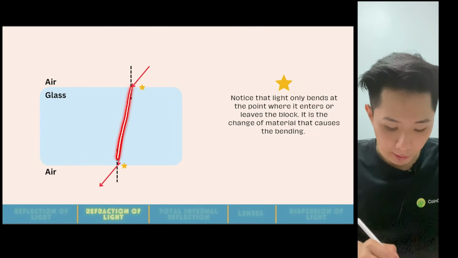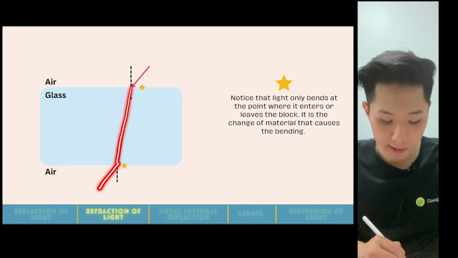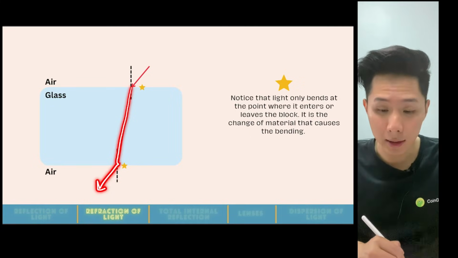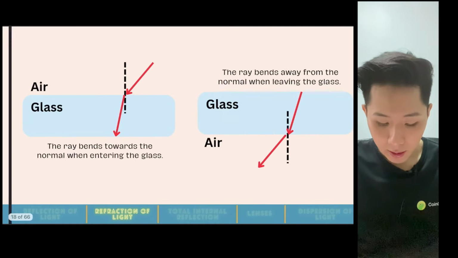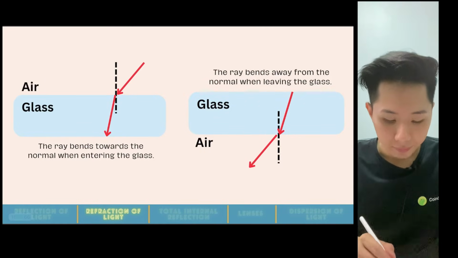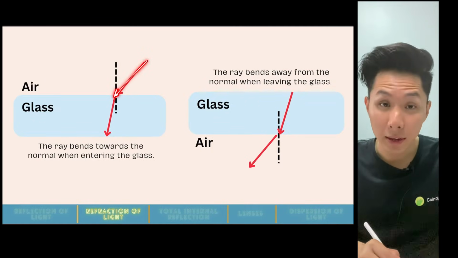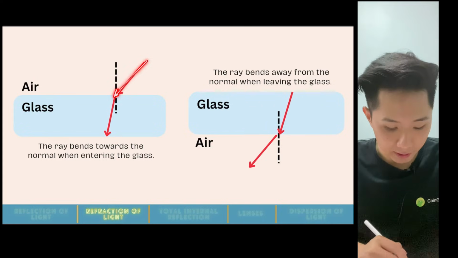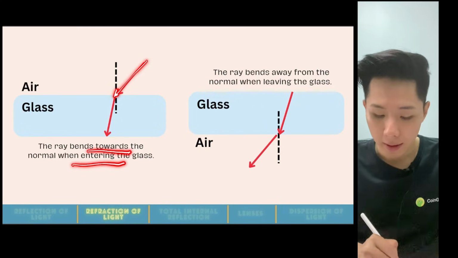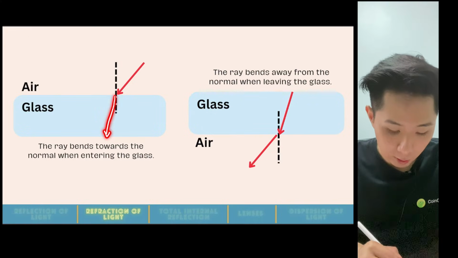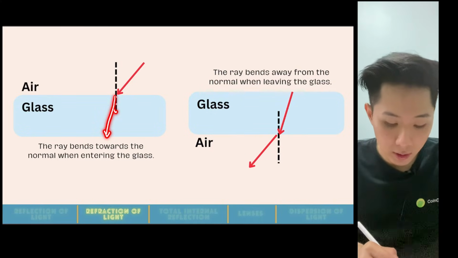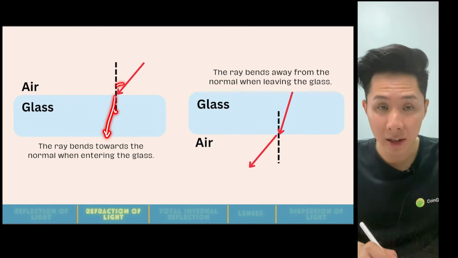Similarly, when it travels out of the glass, it will also get refracted again because now it is traveling to a different medium. When light travels from air into glass, the ray bends towards the normal, meaning the refracted ray has a lower angle than the incident ray.